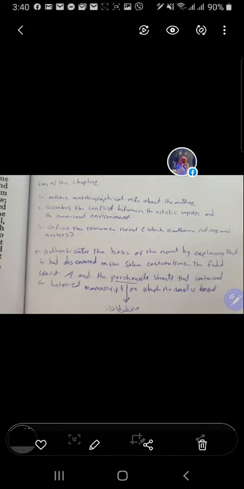The novel is divided into 24 chapters with an introduction, which Hawthorne described as the Custom House. This is where he had occupied a job for a while.